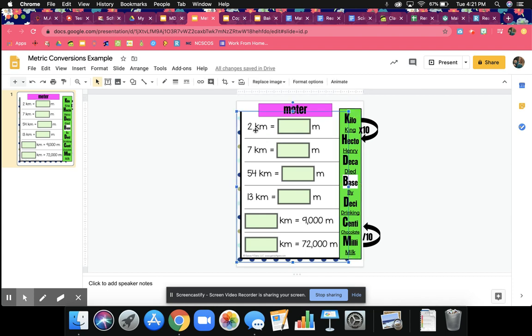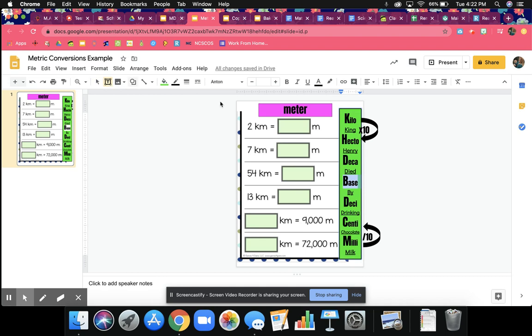So you have 2, and you're going to go to hecto. So 2 times 10 gives you 20. So 20 hectometers is the same as 2 kilometers. But we want meters, just meters, and that's our base. So we're going to multiply that 20 by 10 again. 20 times 10 is 200. And then one more time by 10 to get to our base of meter. So 200 times 10 is 2,000.